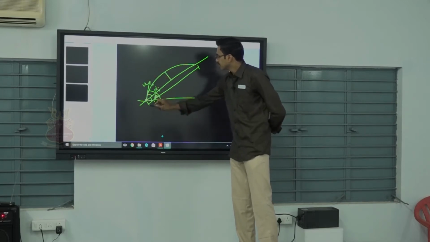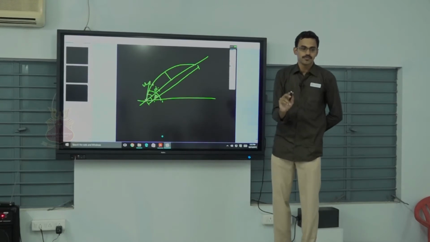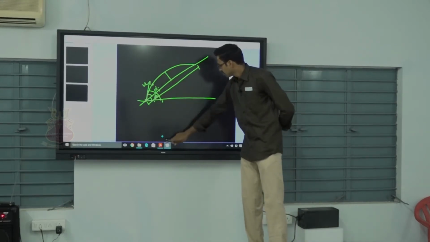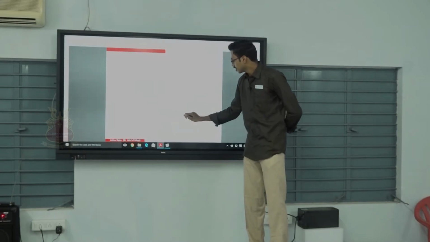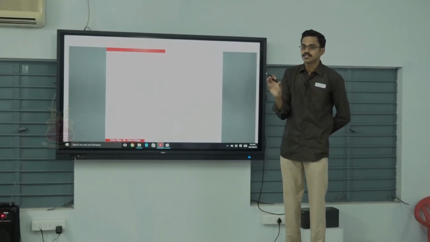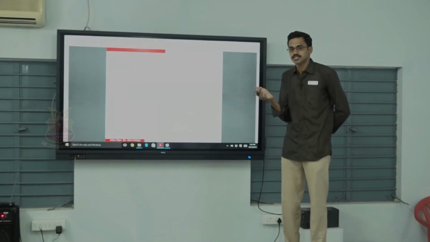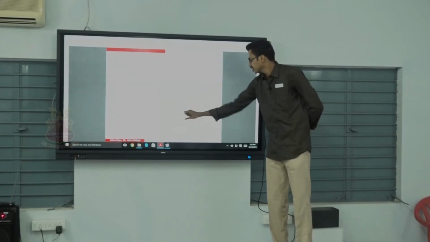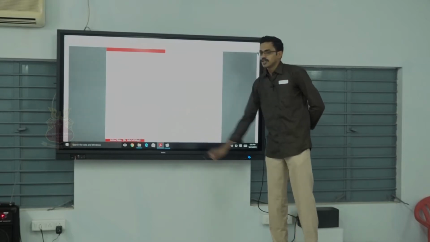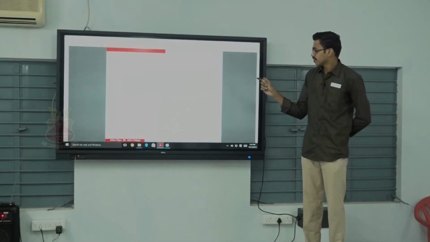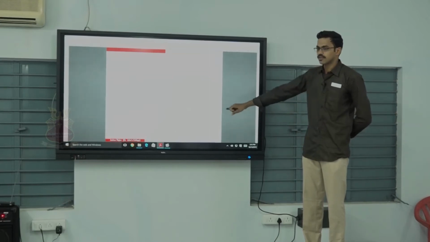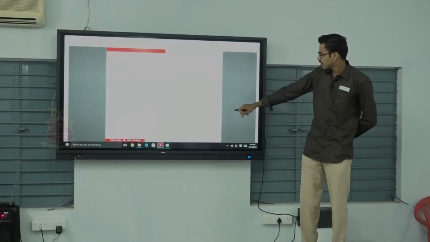So we resolve u horizontally and vertically. We get the horizontal distance as u cos alpha t at time t, and in a similar way the vertical distance as u sin alpha t minus half g t square.